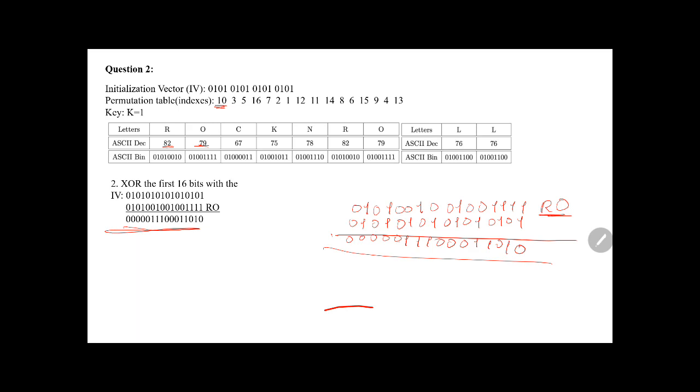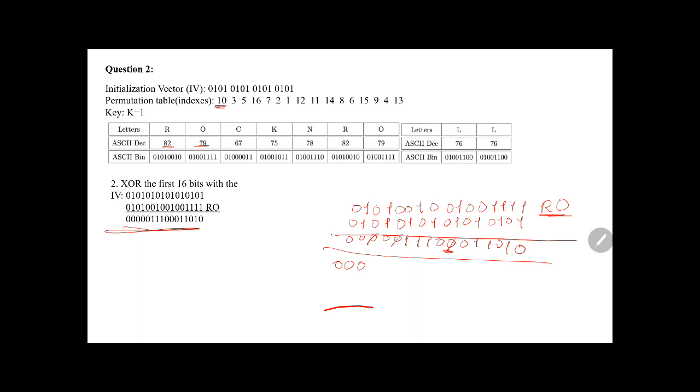1, 2, 3, 4, 5, 6, 7, 8, 9, 10, which is this 0. Cross it out, and this one will be here. Then 3, which will be this 0, will be here. And then 5, which is this 0, and I will cross it out from here.